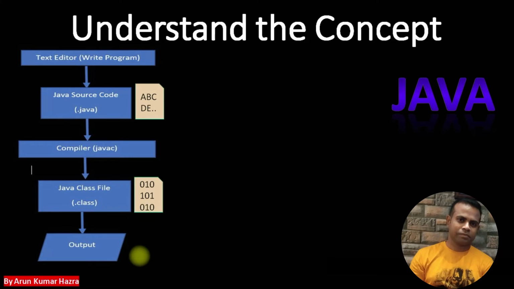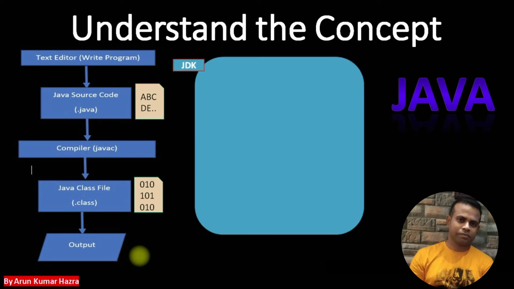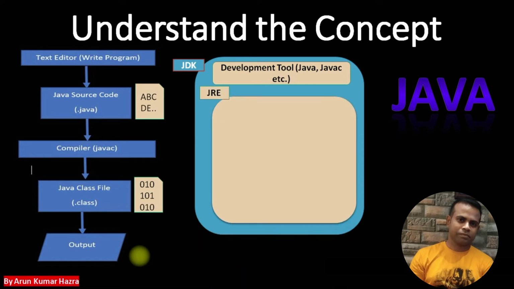So basically we need a software called JDK, Java Development Kit. This Java Development Kit is a combination of some development tools like java, javac and so on, and it also includes the JRE. So what is this JRE? JRE is the Java Runtime Environment.